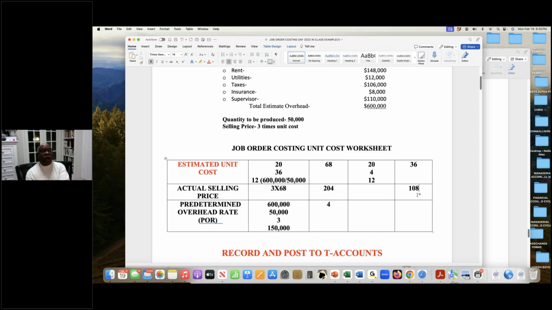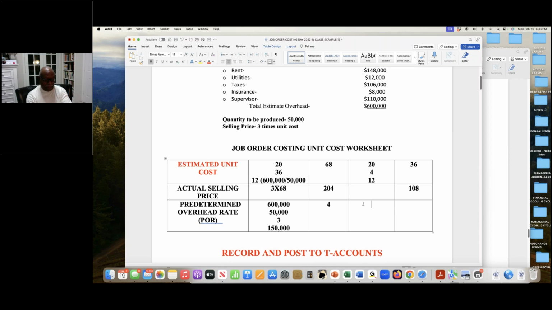Now, what's my POR in this case? 36. How do we get 36? 600,000 divided by 16,667. Yep. So the top number stays the same, 600,000.